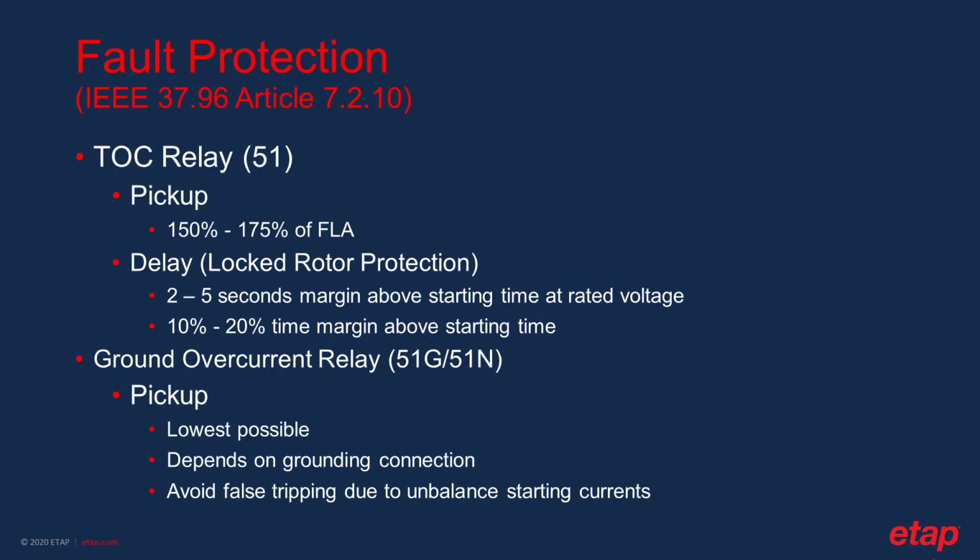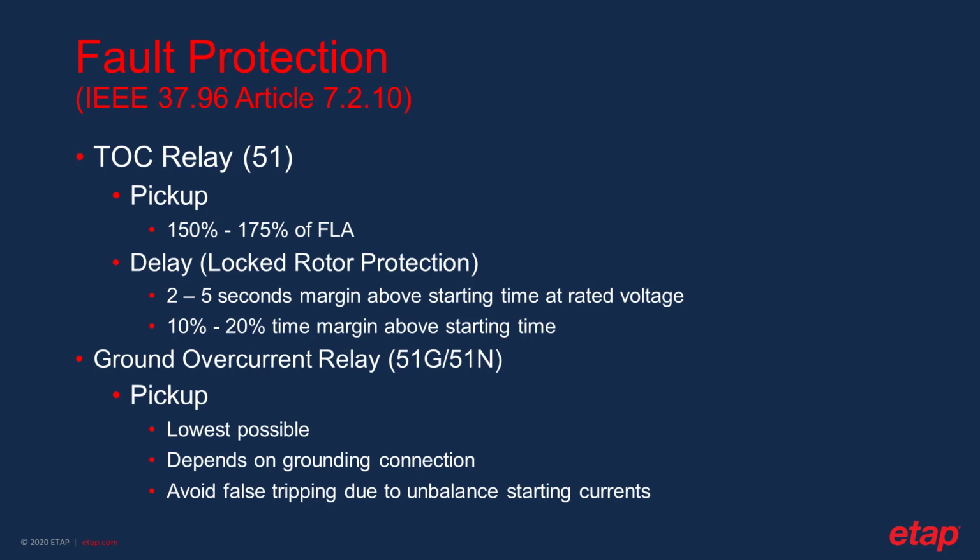Let's have a look at the suggested pickup for fault protection by the TOC or 51. The overload protection of the 51 is similar to the overload relay, so we don't need to repeat it again. But for the fault protection, typical range of setting for the pickup would be 150 to 175% of FLA of the motor.